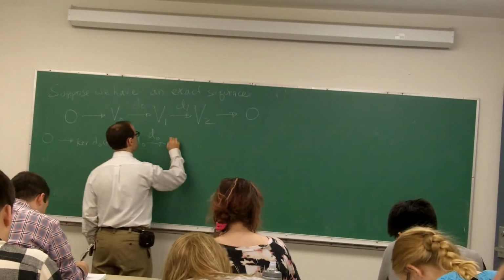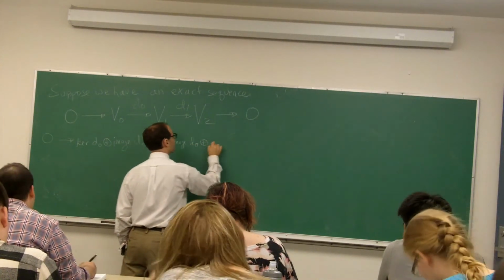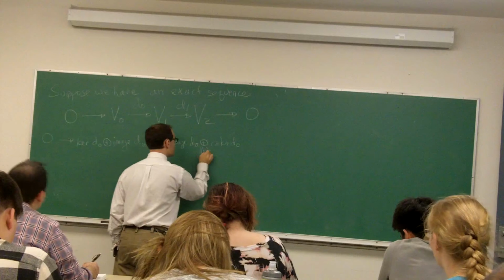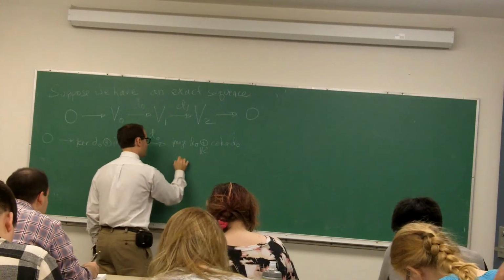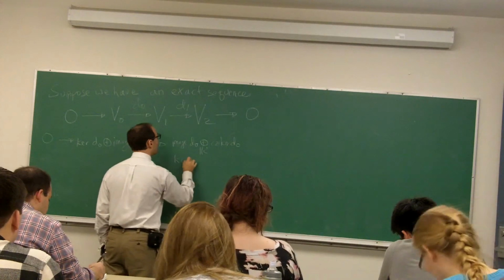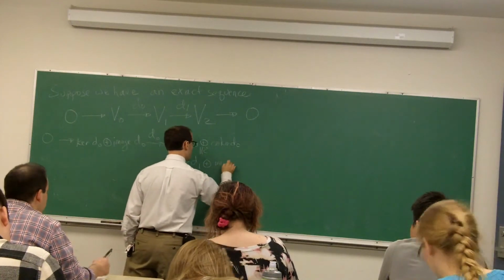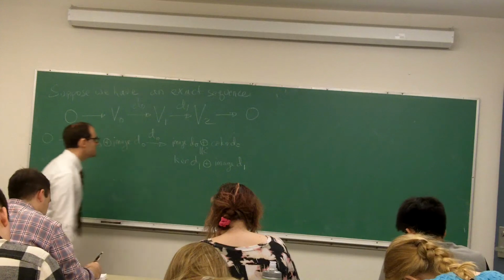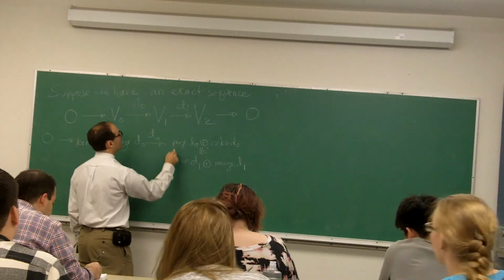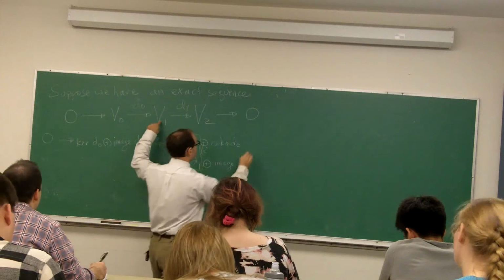So this is the image of D0 direct sum co-kernel of D0, which is isomorphic to the kernel of D1 and the image of D1. And I know by exactness that these guys here are the same thing. So those are isomorphic. So that's V1.